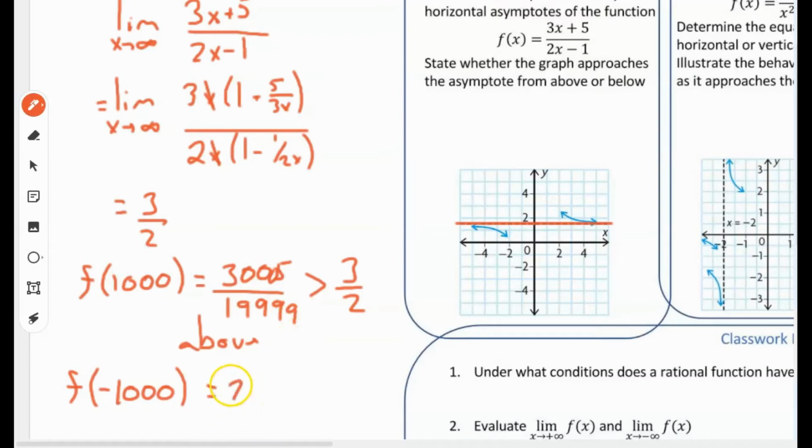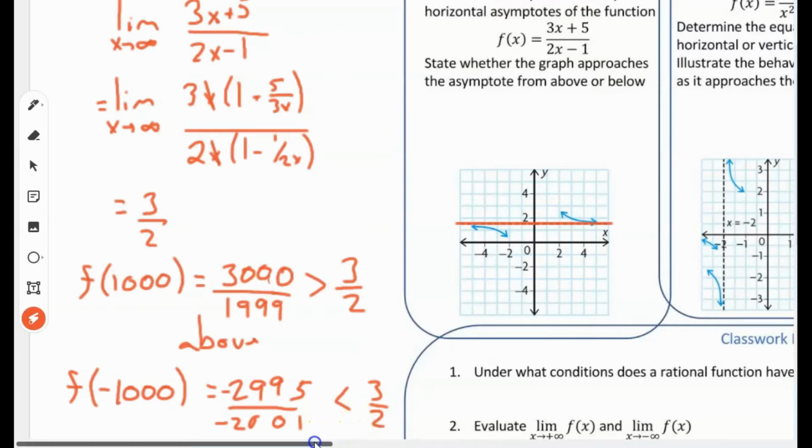So negative 1,000, we get negative 2,995 all over negative 1,999, where both cases are negative, and that is less than 3 over 2. So if that's less than 3 over 2, it means we are approaching that horizontal asymptote from below. Okay, so just make sure you get rid of those extra digits. I don't know why I thought I made a mistake when I didn't.